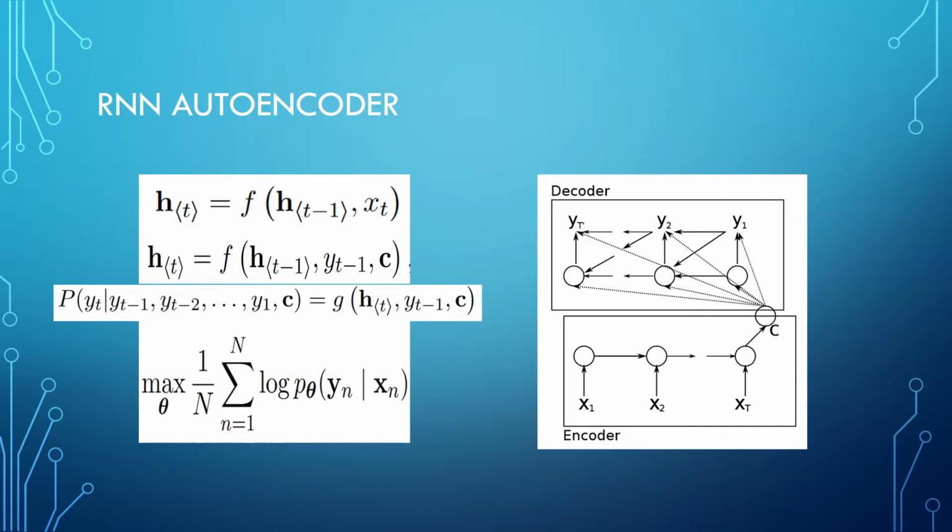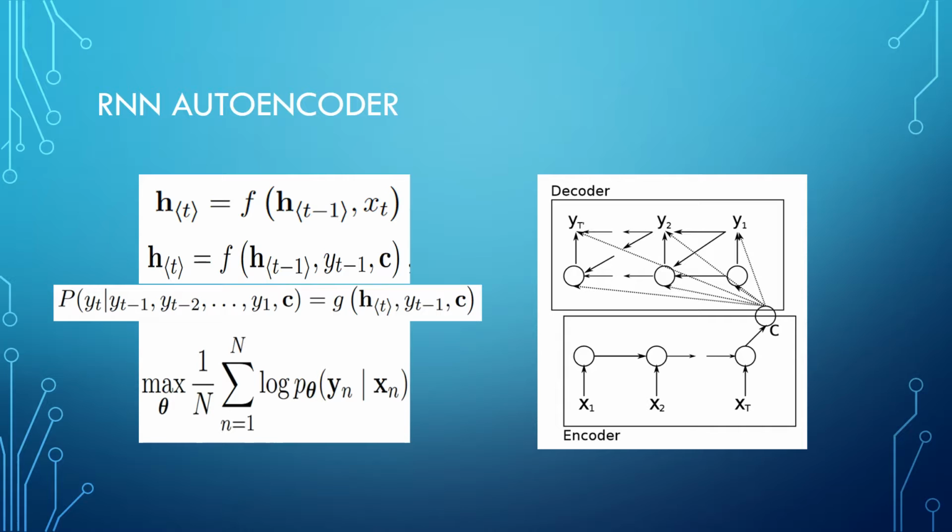The decoder generates an output by predicting the next symbol yt given the hidden state ht. The decoder is also conditioned on yt minus 1 and on the summary c of the input, and the hidden state at time t is computed by the second equation you see there: ht equals f of ht minus 1, yt minus 1, c.